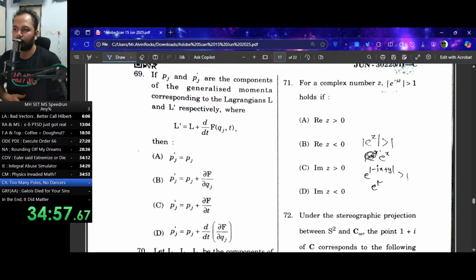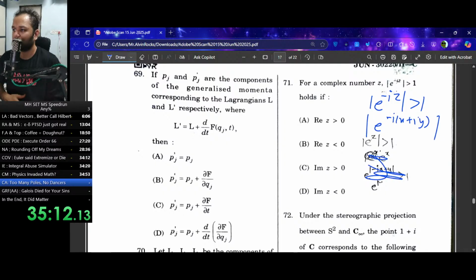All right. Yeah. So e to the power minus i z will be greater than 1 when minus i x plus i y. So that's going to be minus i x minus into minus plus, and exponential y should be greater than 1.